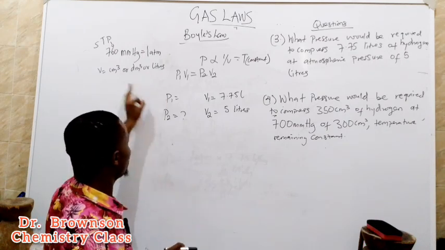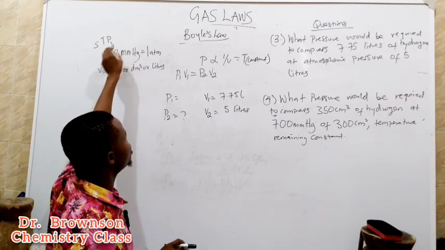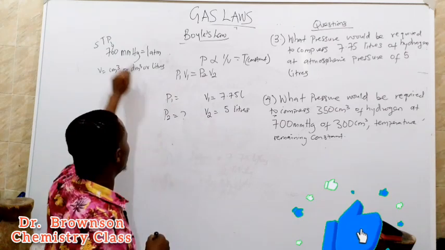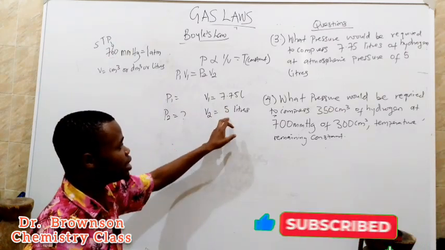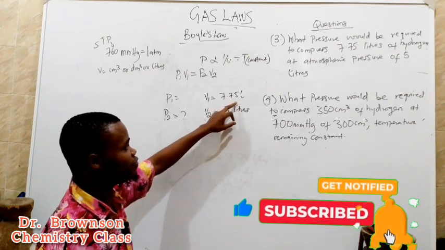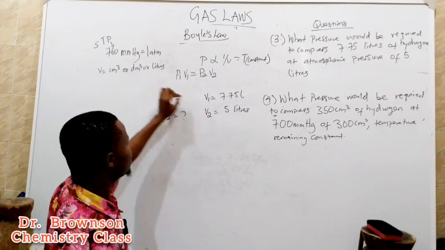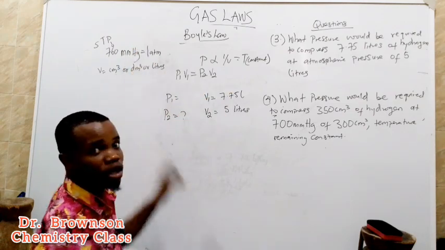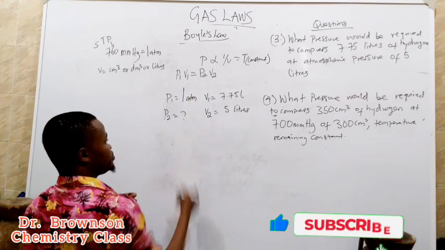Over here we have the standard pressure, which is 760 millimeter mercury, equal to 1 atm. You cannot use 760 millimeter mercury because you have a lesser number, 7.75 and 5. So you have to use 1 atm.